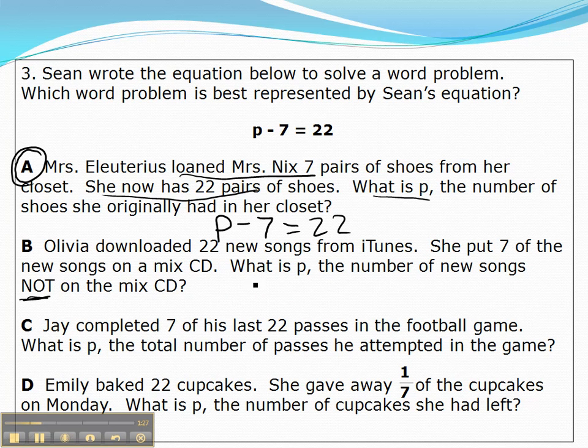The number that are not on would be 22 minus the 7 that are on. 22 minus 7 would equal P, the number of new songs not on the mix CD. If she put 7 on, there would be 15 that weren't on the CD, so 22 minus 7 equals P. That's not equivalent to the equation we're looking for.